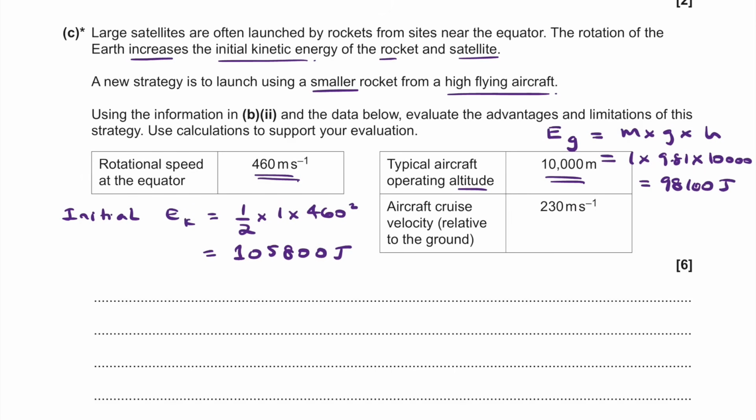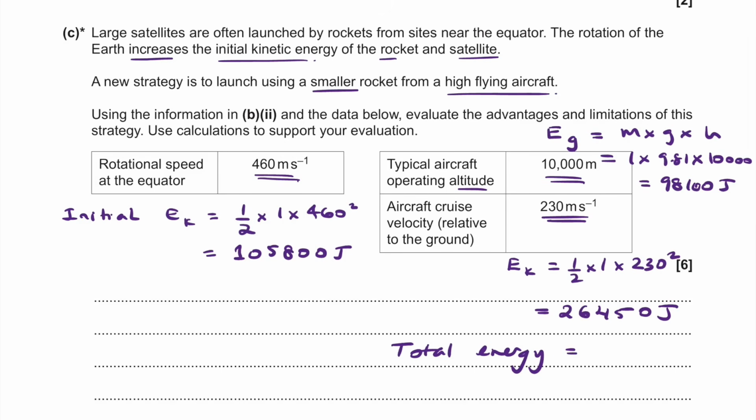And we are given the cruise velocity, which then helps us work out the kinetic energy as well. So kinetic energy again will be half times 1 times 230 squared, which gives me a fairly large value, and the total energy therefore will be the sum of the two, which is 124,550 joules.